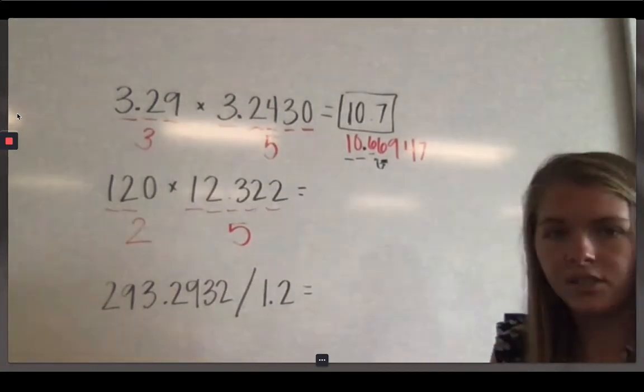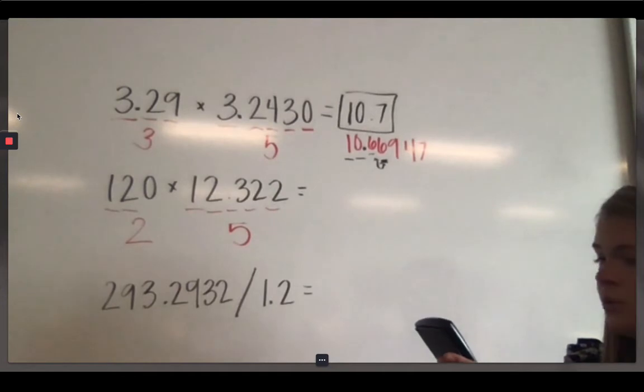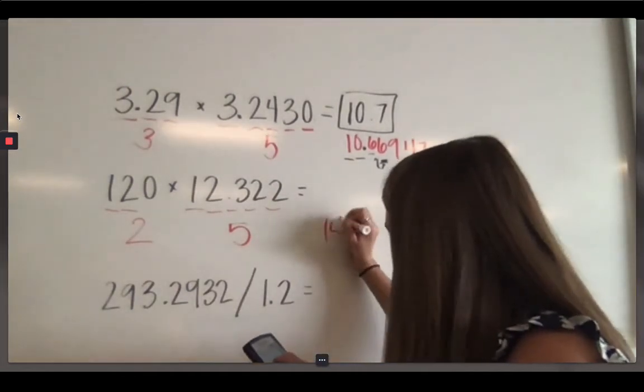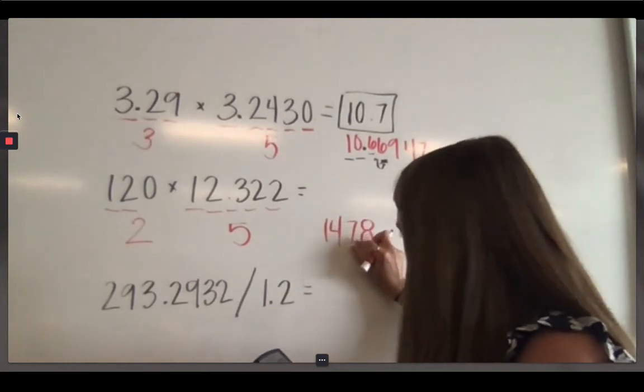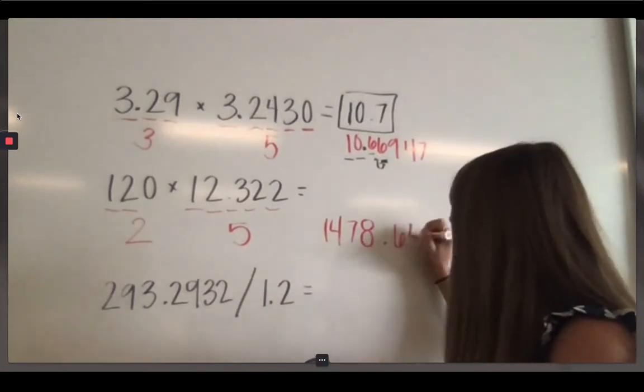And now we're ready to solve. So 120 times 12.322 gives us 1,478.64.